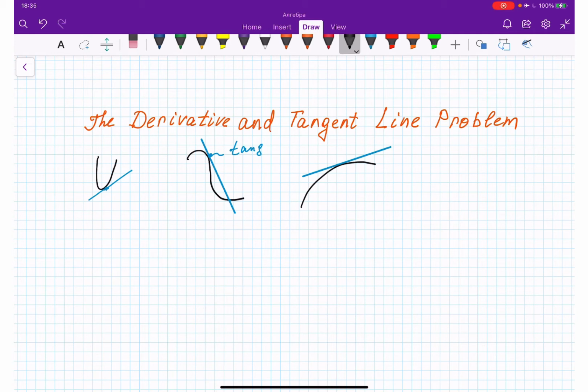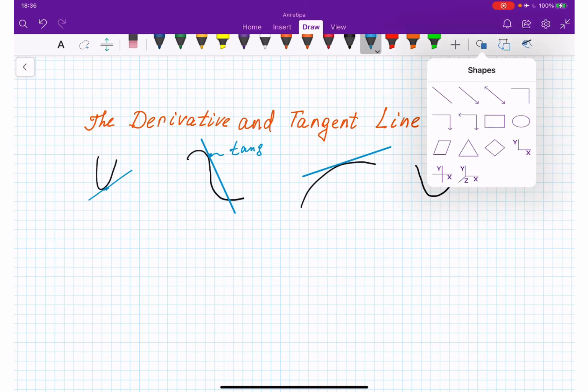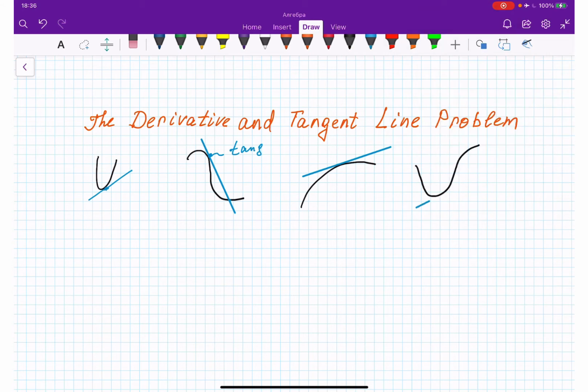You have, let's say, such a type of curve and this is going to be your tangent line as long as it touches at one point. Now, let's assume we have such a curve and the line goes like that. This is what we call a secant.